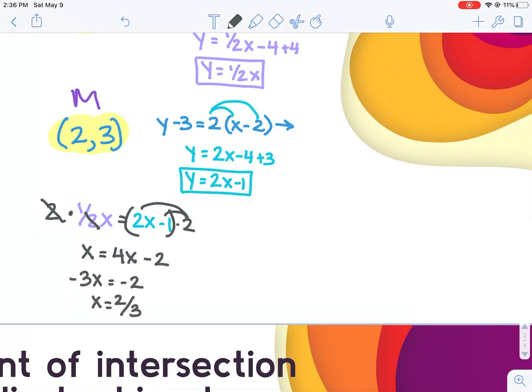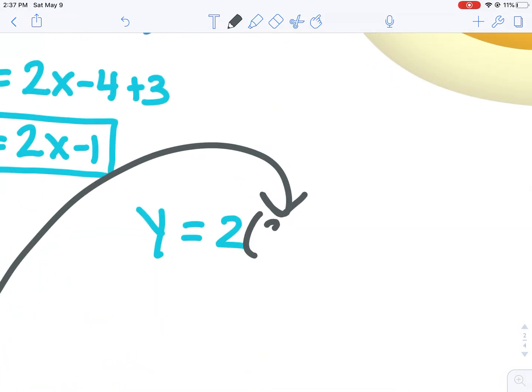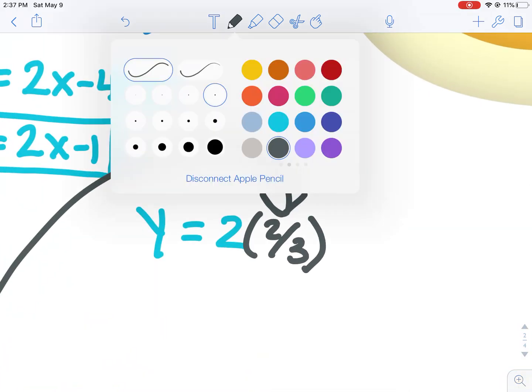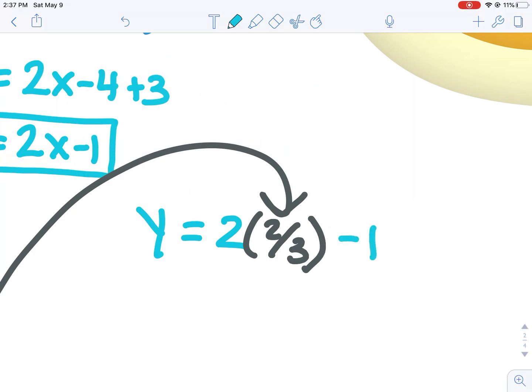Once I know what x equals, I can pick my favorite equation, and my favorite one is that blue one because it has fewer fractions. And I'll have y equals 2x minus 1. Take this value for x and plug it in. And now I can solve for y.